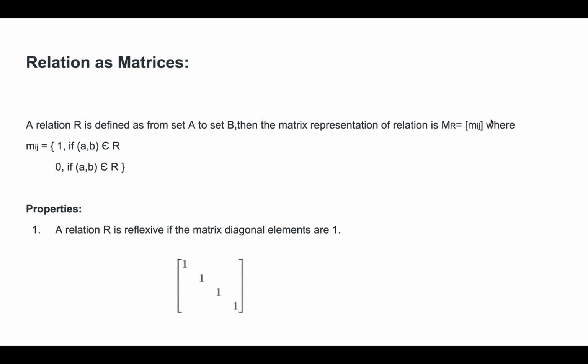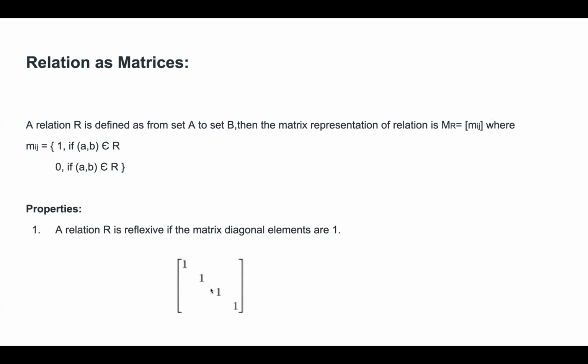If this is the case, then the elements of the diagonal, if they are 1 in the diagonal direction, then we can say that relation R is reflexive.